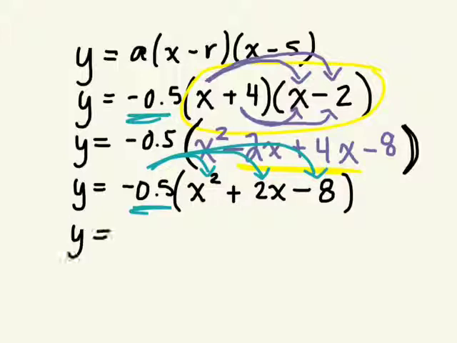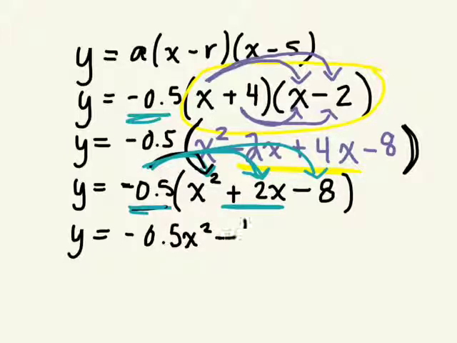So what's -0.5 times x squared? Negative 0.5 x squared. What's negative 0.5 times positive 2x? Negative 1x.